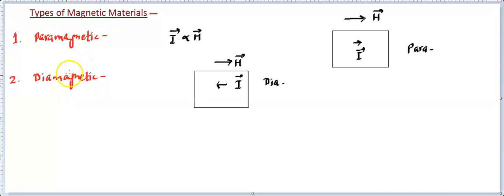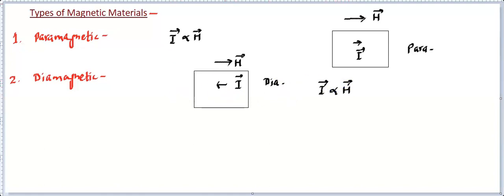Or if the paramagnetic nature is feeble compared to the diamagnetic, then ultimately it becomes diamagnetic. Here also the magnetization is directly proportional to the field that we apply, that means the more the magnetic field, the more the magnetization in diamagnetic materials.